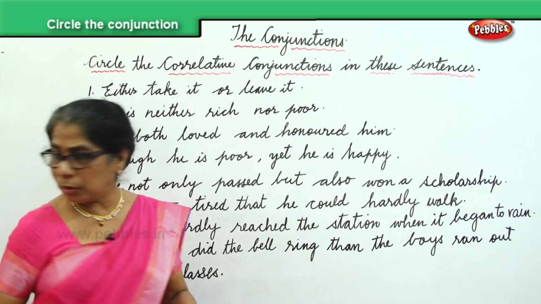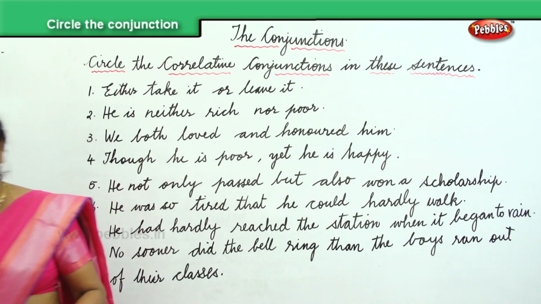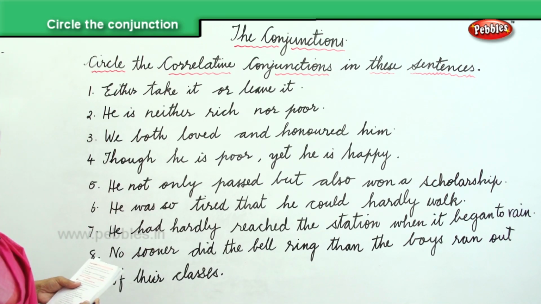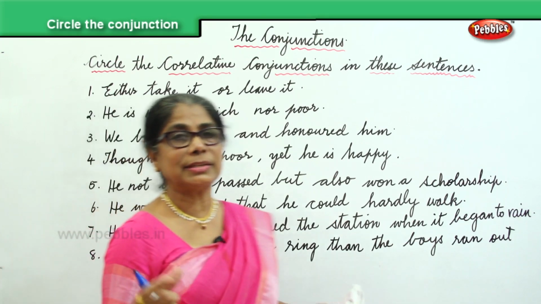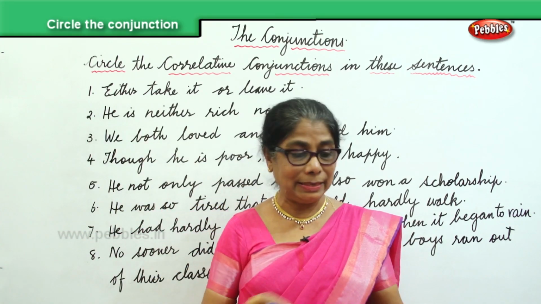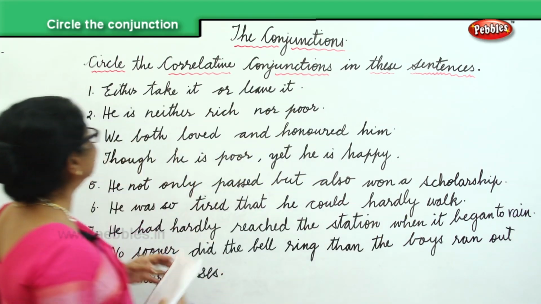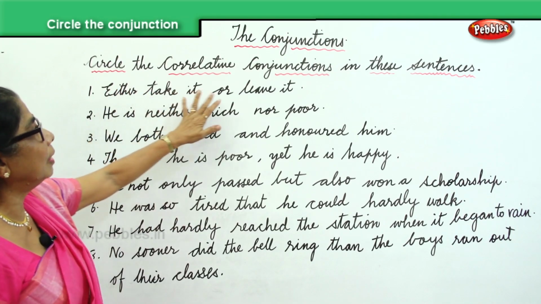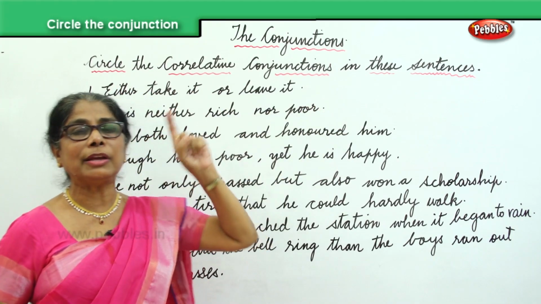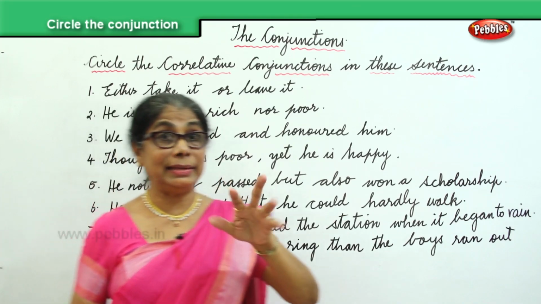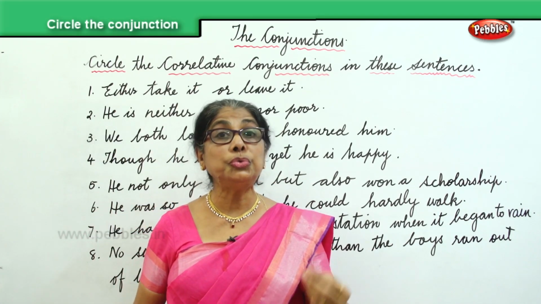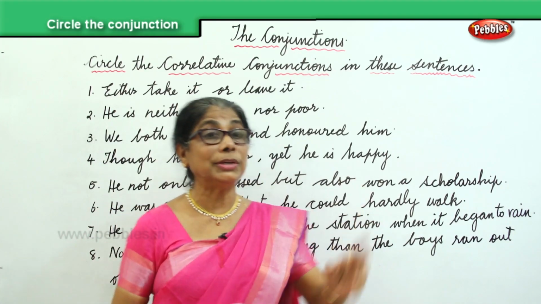Now, let's look at all these sentences here, and what we're going to do is circle the correlative conjunctions in these sentences. The first one we have is: either take it or leave it. What's the meaning of correlative? Pairs, conjunctions used in pairs. There are two conjunctions here.